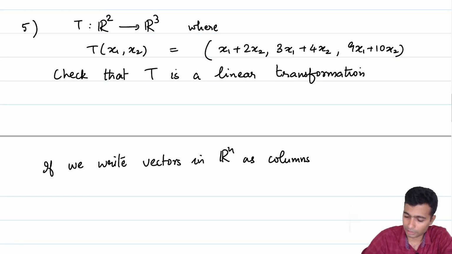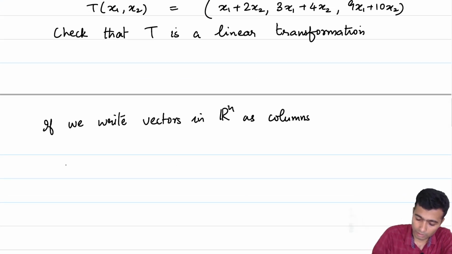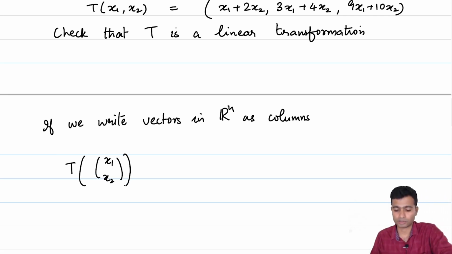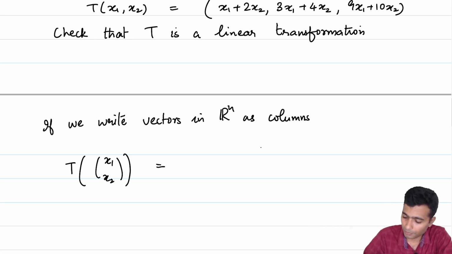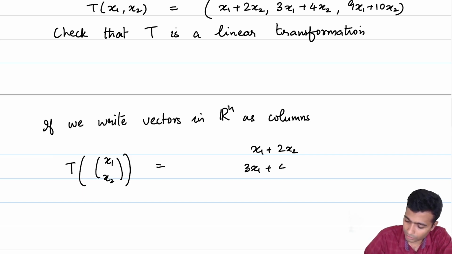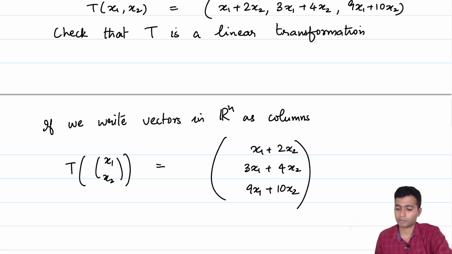T of (x1, x2), in the column representation of the vector, is equal to x1 plus 2x2, 3x1 plus 4x2, 9x1 plus 10x2. This is the column representation of the image.